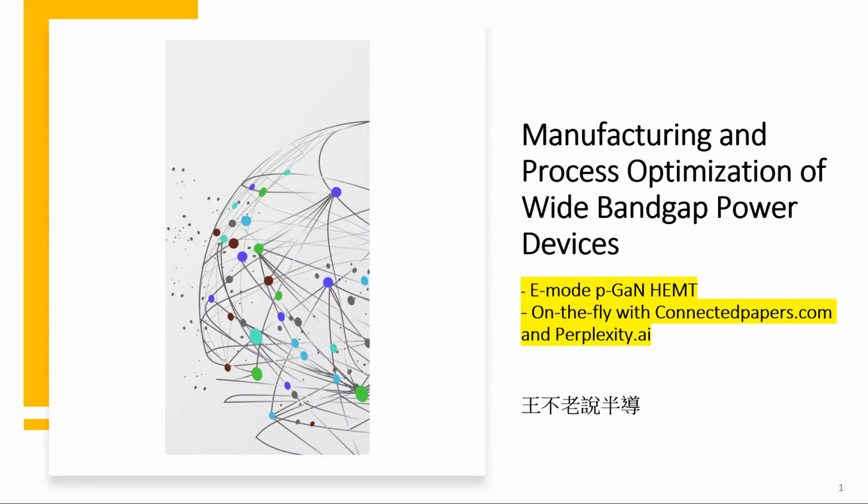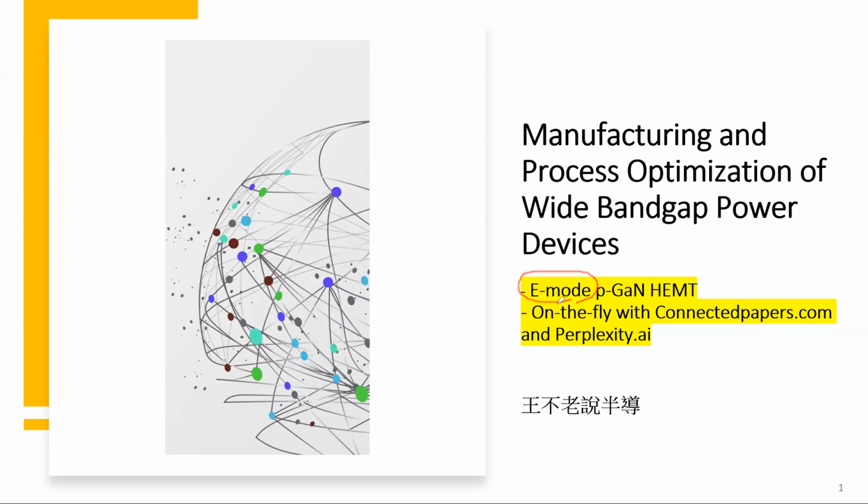Today, I'm going to give this class some of the material in English under a reader's request, and then I did some modifications to add more content and try to be more comprehensive in this topic. The topic is manufacturing and process optimization for GaN, especially focusing on E mode.